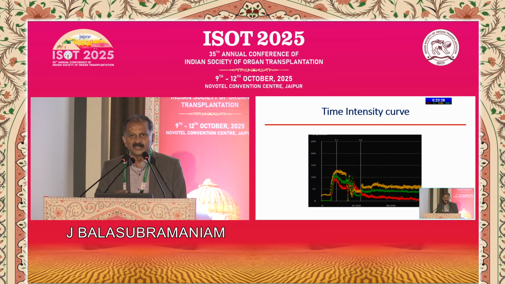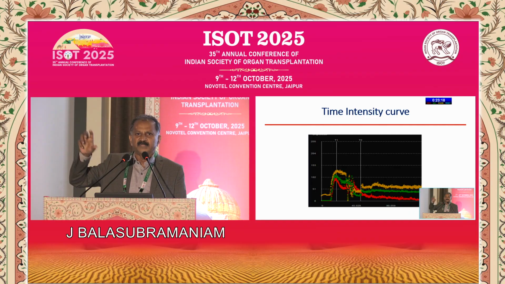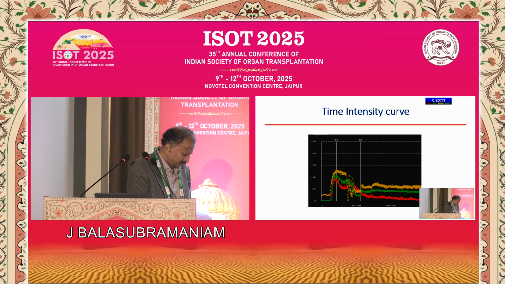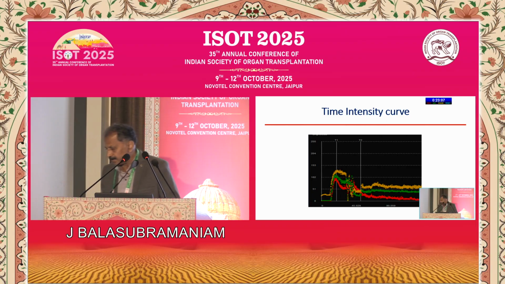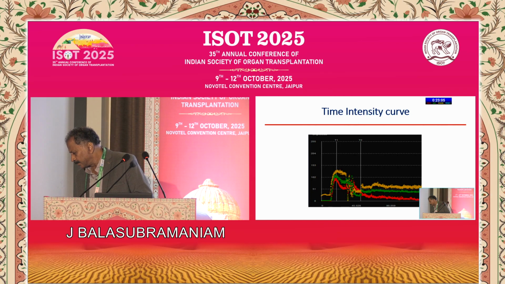So now we take the time intensity curves, the time taken for the contrast to achieve the maximum peak perfusion, and the time taken to decay. Which one is for? Okay.